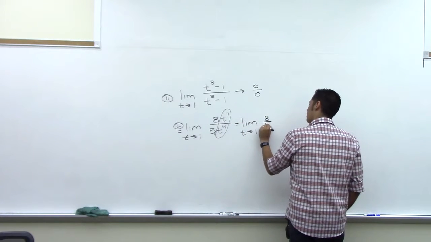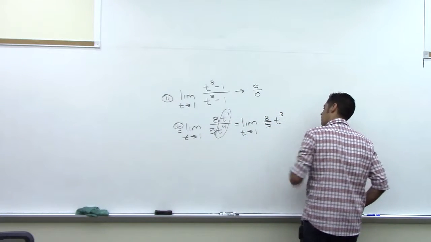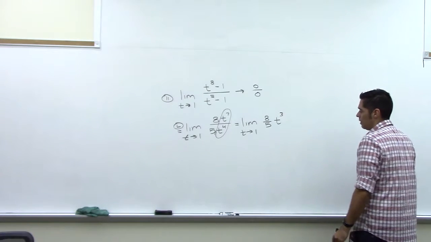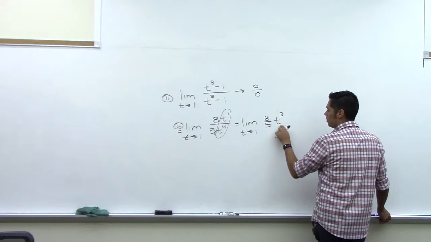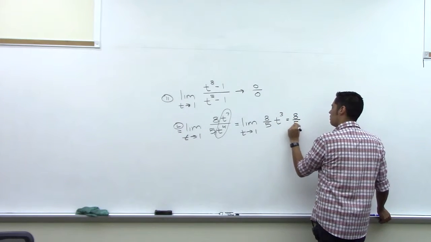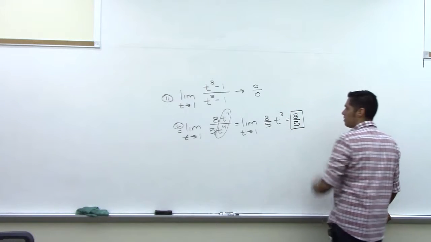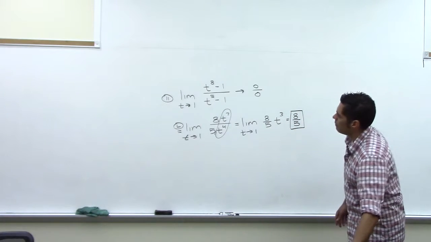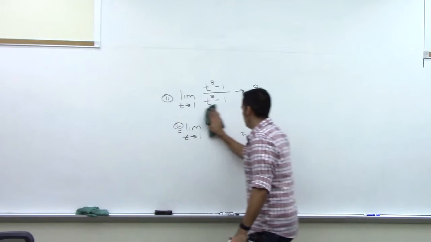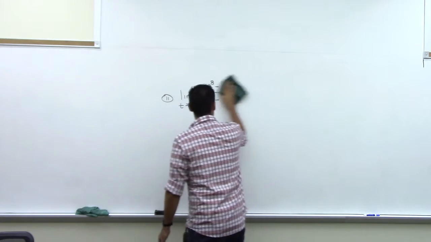So I have 8/5 t cubed. And now I go ahead and take the limit, let t go to 1, 1 cubed is 1, times 8/5. The answer is 8/5. That's where it's headed. That was pretty clean.